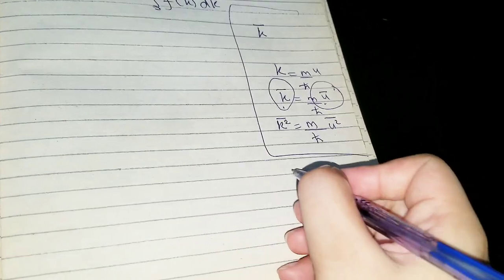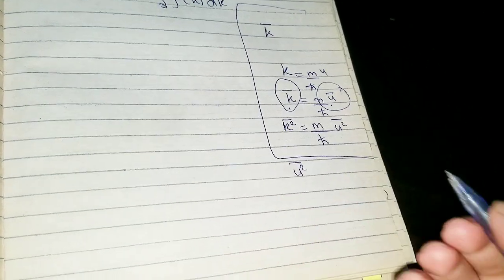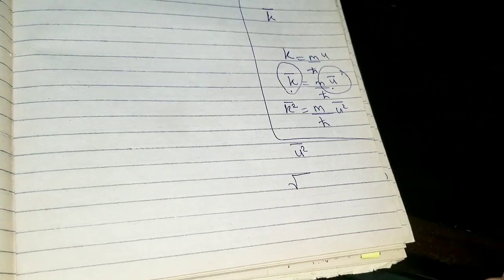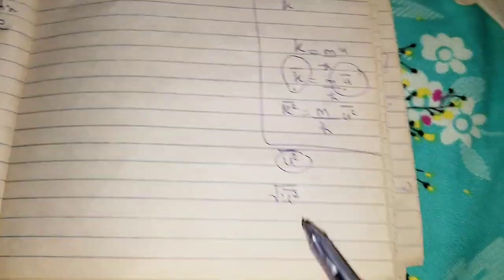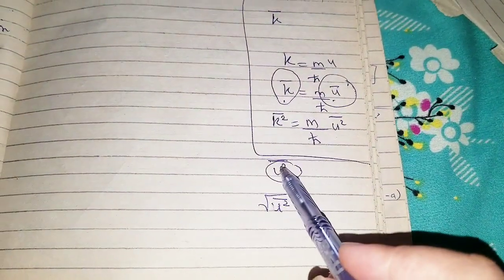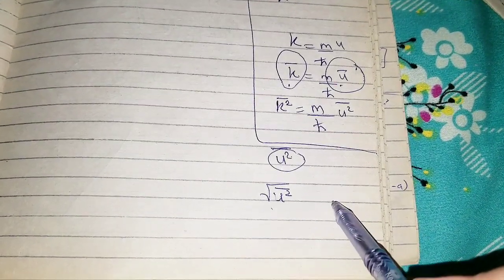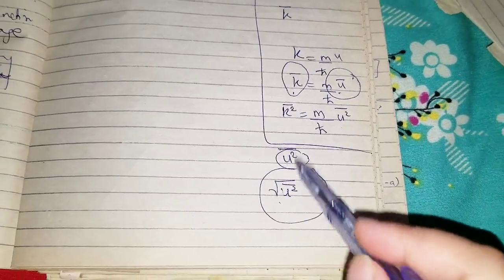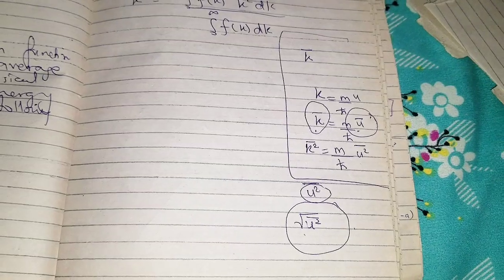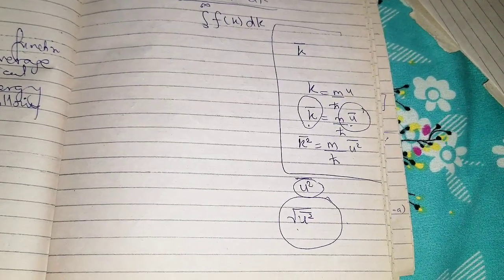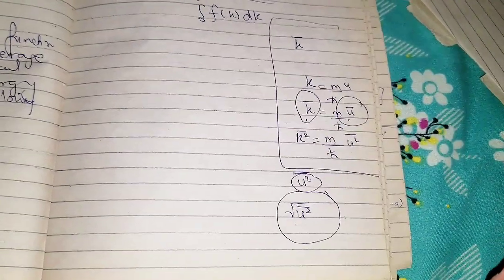If you know u squared bar, then you can find the mean square velocity, and if you take the square root of that mean of the square of velocity, you will get the root mean square velocity. We'll derive all of these formulas in the next video, because this video has become very lengthy.